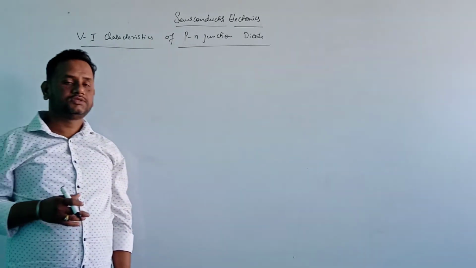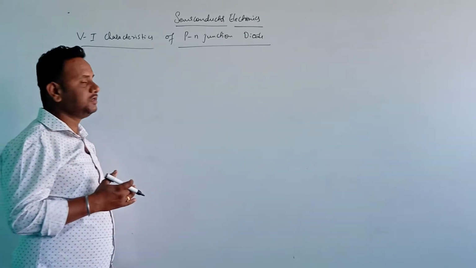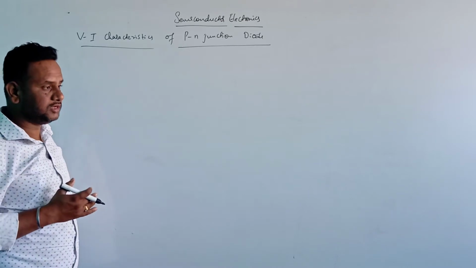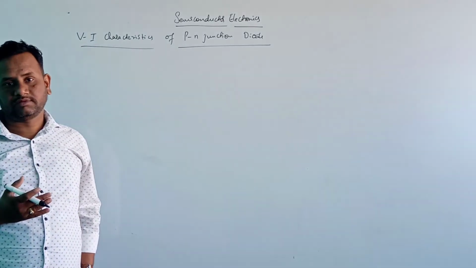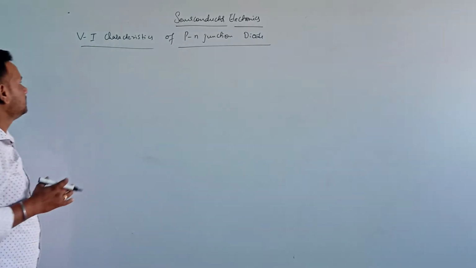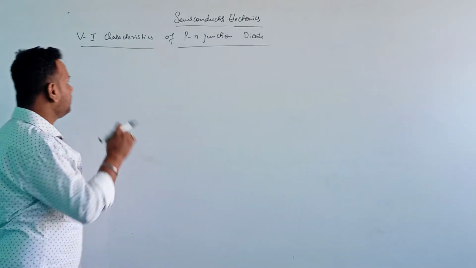When we apply voltage to the diode, how the current is changing, how the current is varying, that is what we are discussing in this topic, the VI characteristics of PN junction diode.